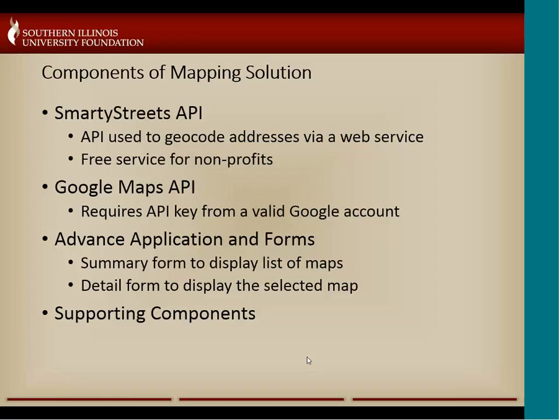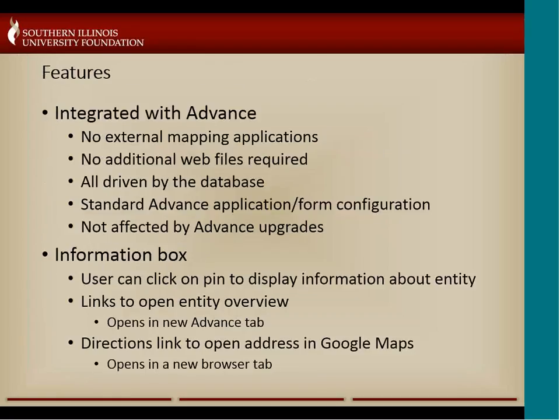A couple of those is just how we would actually do the transfer between us and Smarty Streets, and us and Google, to get the map data back. So the features that we included with this is basically the full integration with Advance, which is the highest priority.